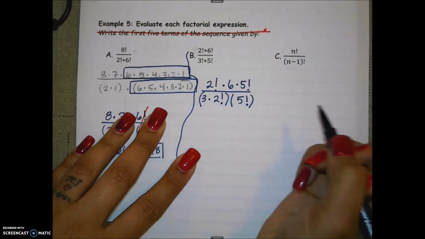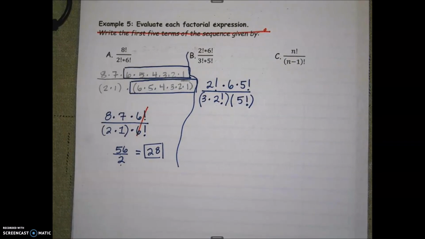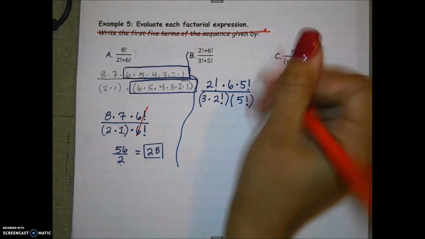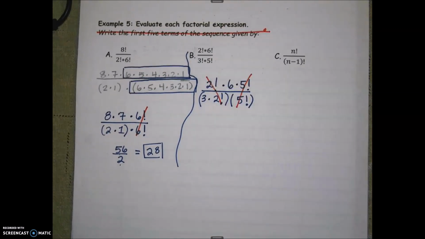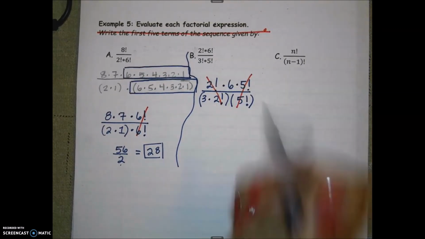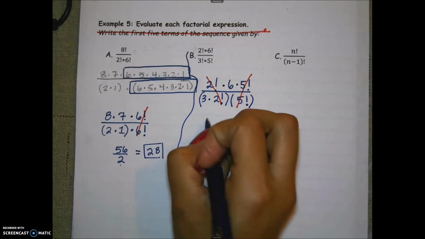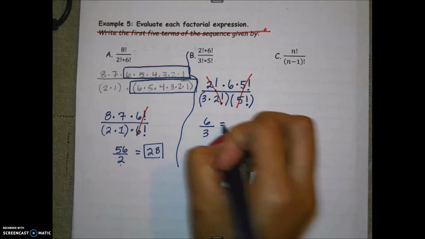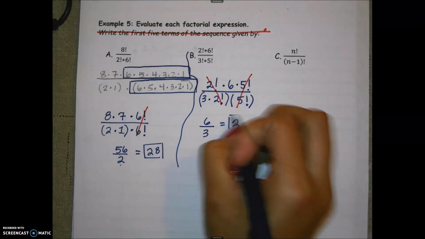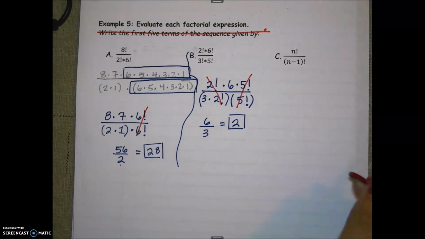Now, what do you notice? I can cancel out 5 factorial. I can cancel out 2 factorial. What's left on top is 6. It's all multiplication and division, so you can do 6 divided by 3, and that gives me 2. You can put it in the calculator if you want to, but I guarantee you're going to get the same answer.